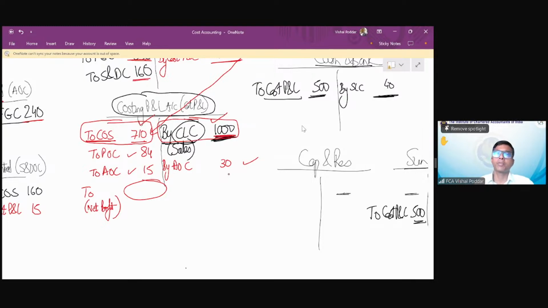Now, where do we transfer our profit? We transfer it to capital if it is a proprietary or a partnership concern, and we transfer it to our different reserves if it is a corporate. And both these are represented by CLC. So interestingly, whatever is my net profit or loss will be transferred from here to my CLC account, which represents the capital and reserve both.